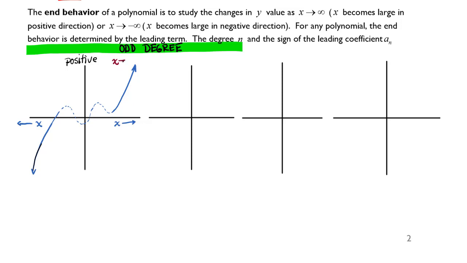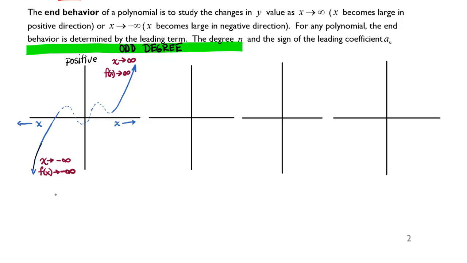On the right side, as the polynomial moves upward toward positive infinity, we would say as x approaches positive infinity, f of x approaches positive infinity. And down here in the bottom left quadrant, we would say as x approaches negative infinity, f of x approaches negative infinity.